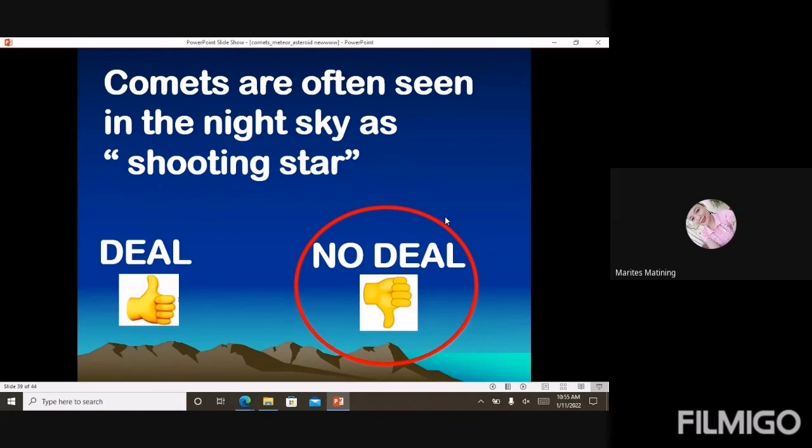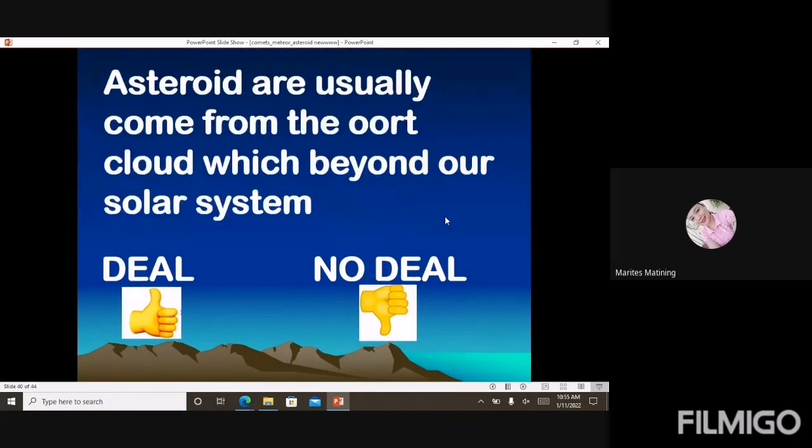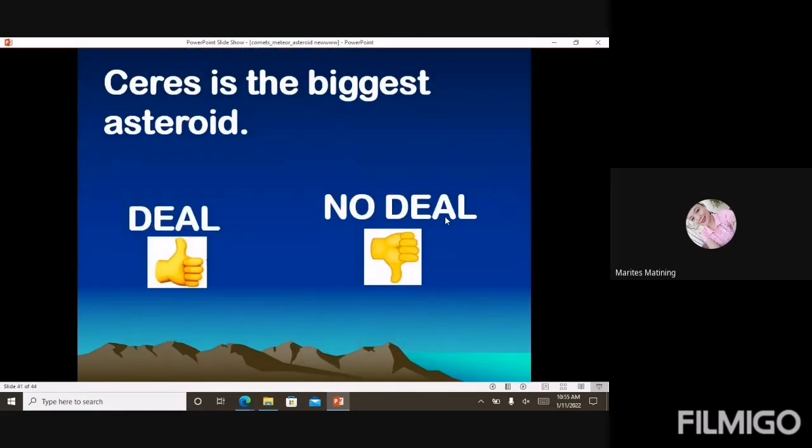Si Meteor yan, di ba? Okay. Asteroids usually came from the Oort cloud, which is beyond our solar system. Ha? John Simon. Ma'am, no deal, ma'am. No deal. Very good. Kasi si Comet yon. Okay. Ceres is the biggest asteroid. Again. Ha? Christiana. Si Lance Kessler.